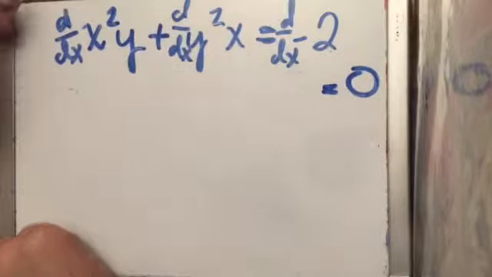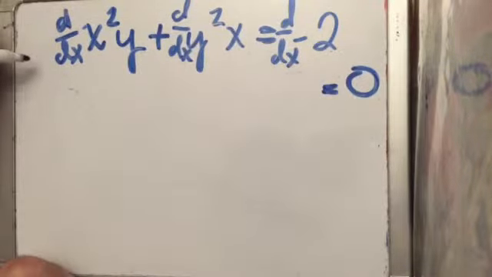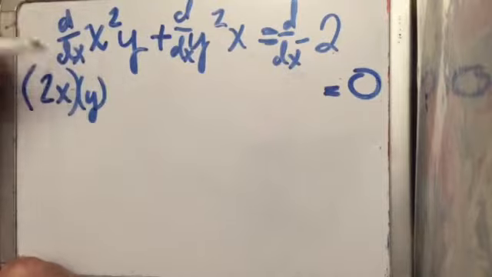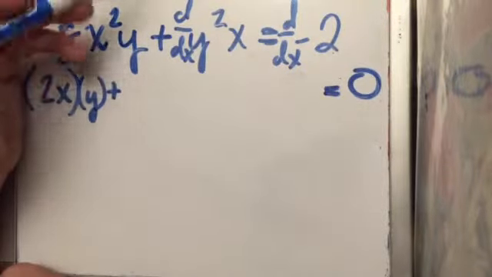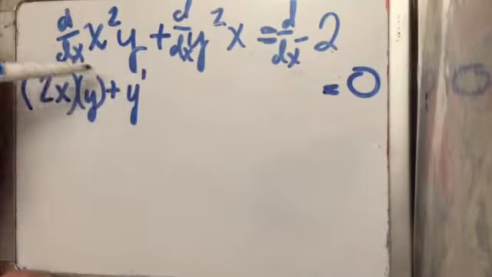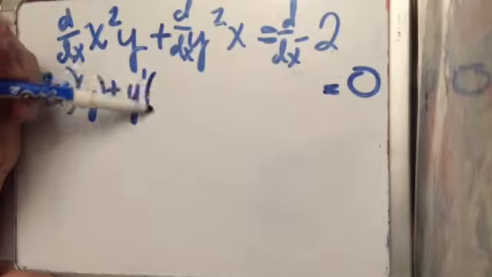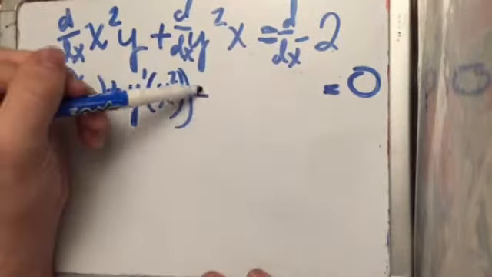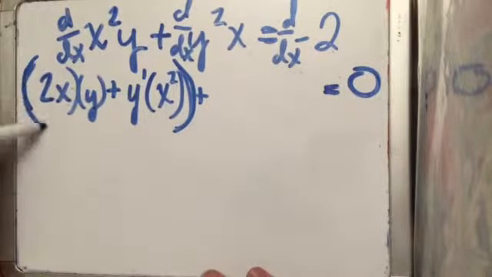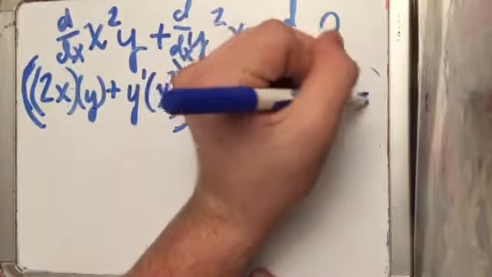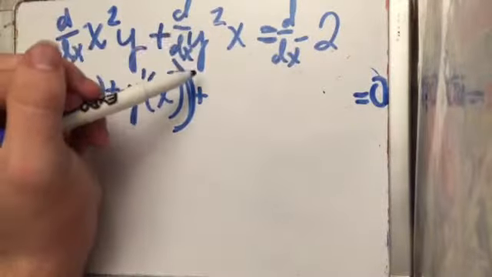So the derivative with respect to x of x squared y is going to be 2x times y. Now we're going to take the derivative of y, which is just y prime. So 2xy plus y prime times x squared, plus, so that was one product rule being used, and then plus, now we're going to do this one.